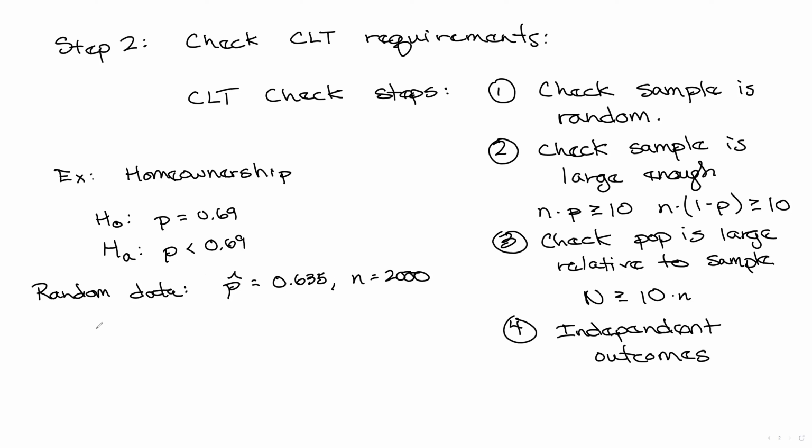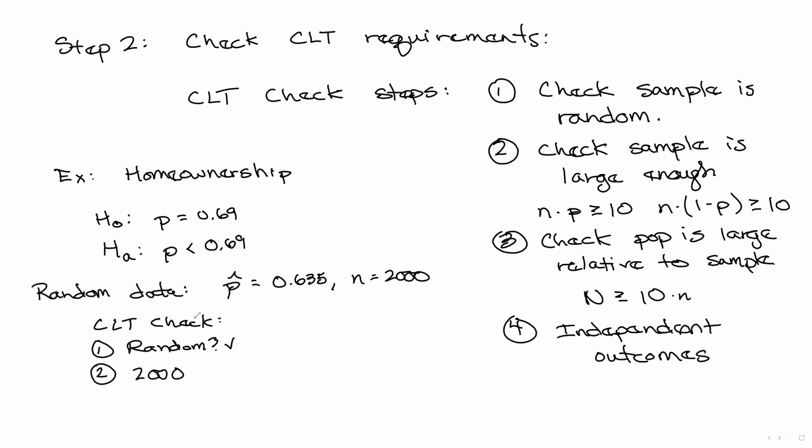All right, and so we just do our central limit theorem check. One, is it random? The problem says it is. So you just have to trust the person who did the survey is telling the truth.